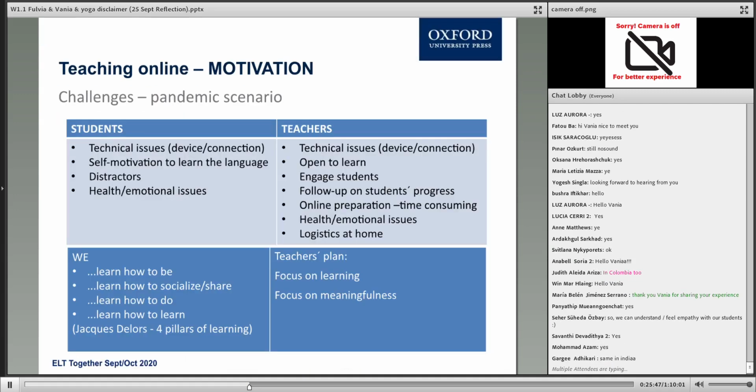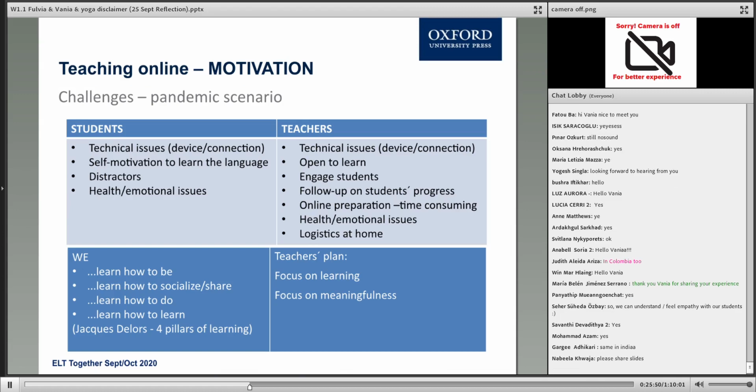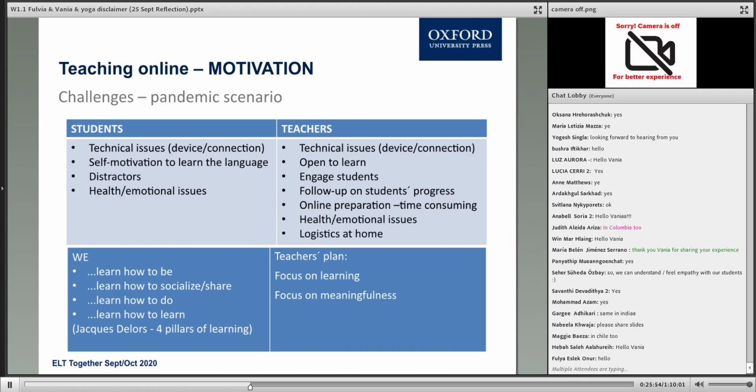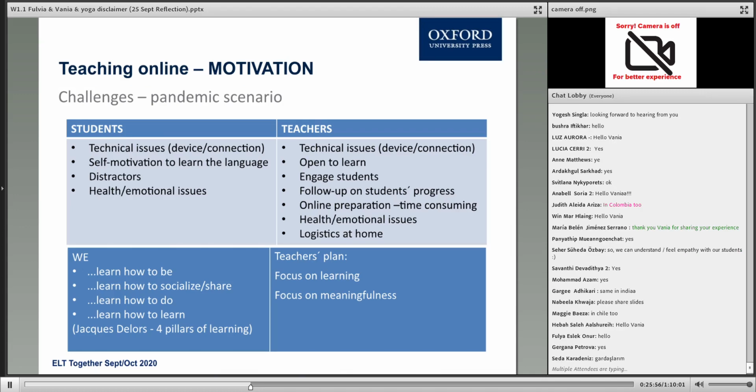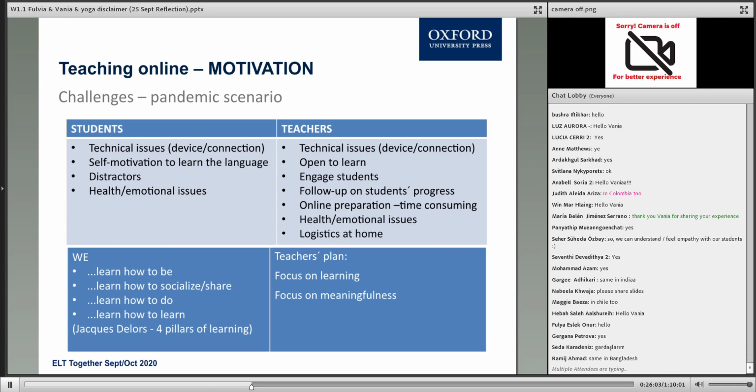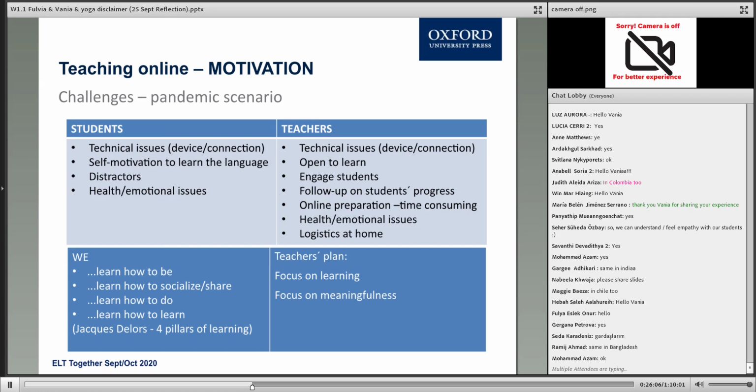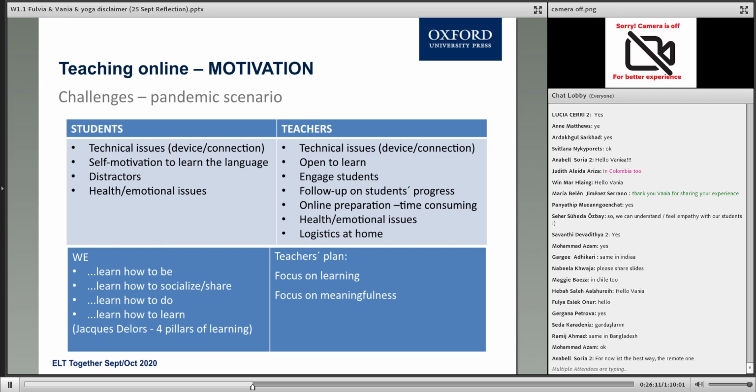It might be very common for all of us, all the challenges we have faced and we are still facing in this remote mode. Of course, Fulvia fully explained the problem and the big challenge of assessment, and I'm going to add to her nice talk some other aspects about this teaching online.